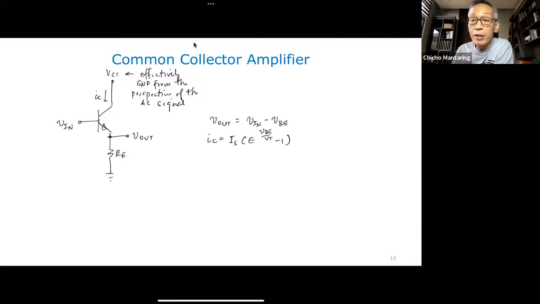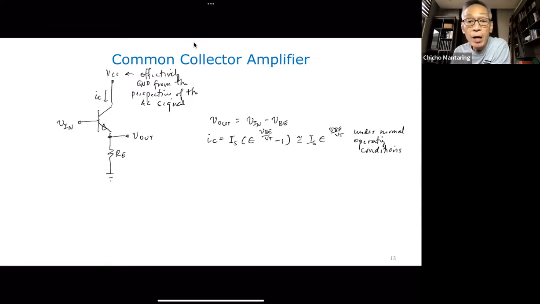Again, we'll disregard the Early effect, and we know that this is approximately equal to I_S e to the VBE over V_T under normal operating conditions.